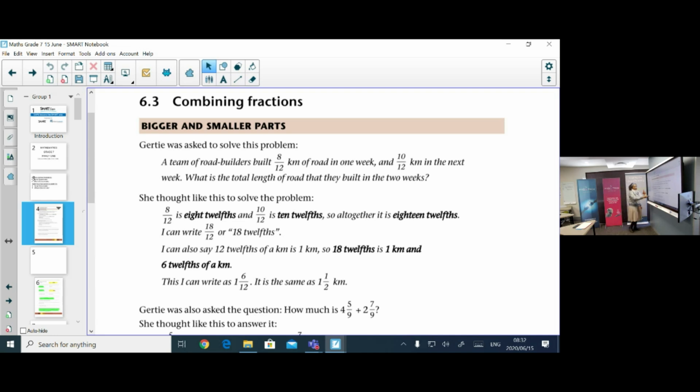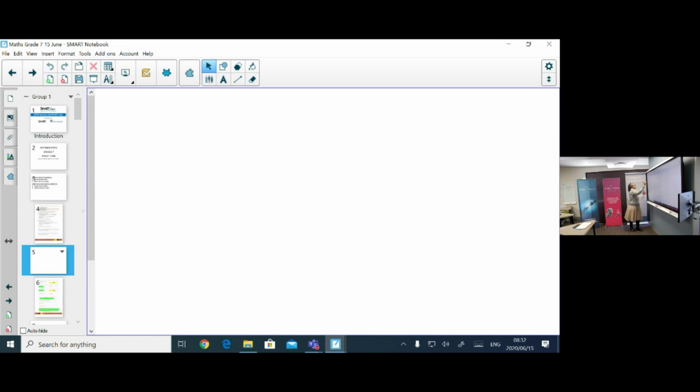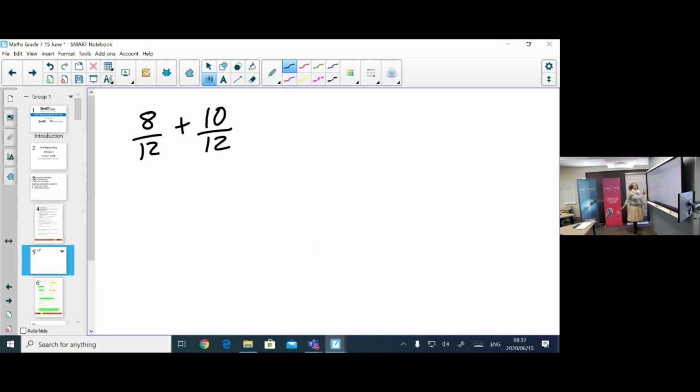And let's see how they came out to the number of 1 1/2. So in calculating there, we saw that the first week it was 8 out of 12. The other week it was 10 out of 12.